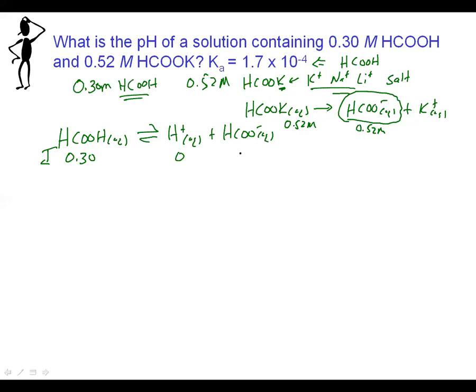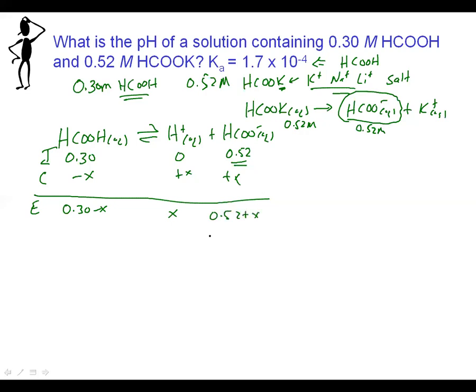Because this is a common ion, we should have an initial concentration here, minus X, plus X, plus X. And at equilibrium, 0.3 minus X, X, 0.52 plus X. This is what your table should look like. Obviously, you continue on to your Ka, to your X, to your H plus, and then to your pH. You can do it that way perfectly fine.